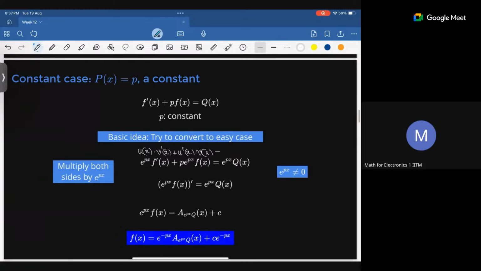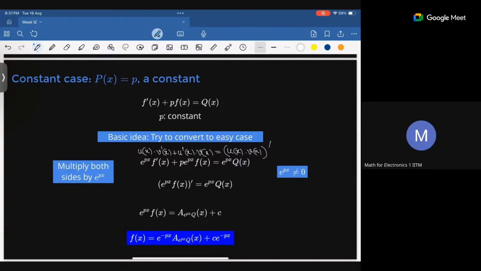And this we know is the standard product rule of our derivative. If I am differentiating u of x into v of x, the whole derivative will be: take the first function, multiply it with the derivative of the second function, plus take the first function's derivative times the second function.